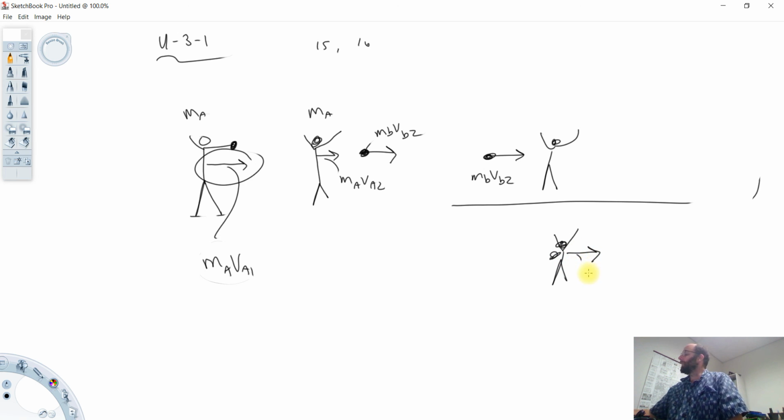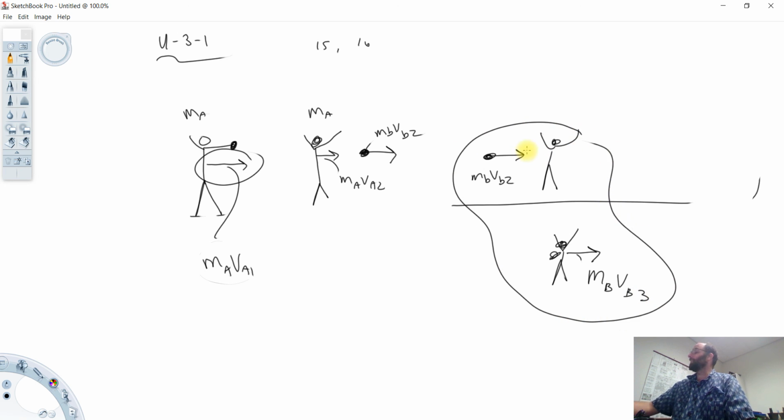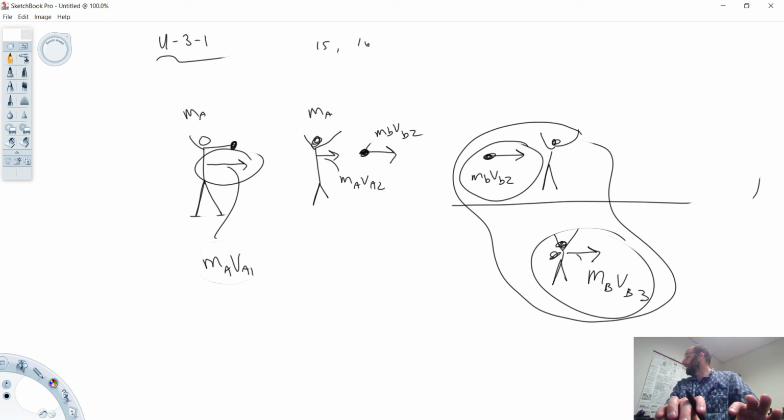And we have a momentum equal to mass of person B times velocity of person B, and this is now my third picture. So now you can write a momentum equation between these two pictures. The momentum here equals the momentum here. So, all right, sorry about that. That got a little bit off topic, but that should be enough to get you through 16. Enjoy.